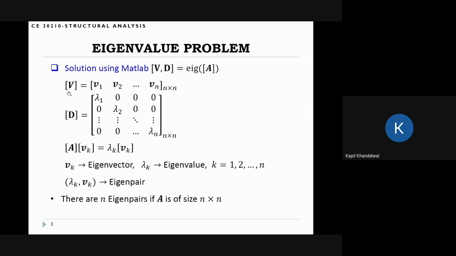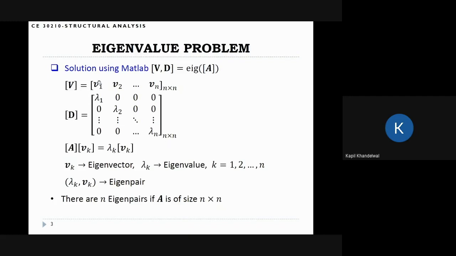So again, we can think that V is composed of n columns. V1 is the first column, V2 is the second column, and Vn is the nth column of this n by n matrix. And as I told you earlier, D is a diagonal matrix. You can see that off-diagonal entries are 0, and the diagonal values I'm labeling as lambda 1, lambda 2, lambda n.